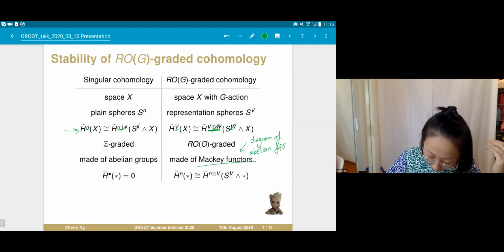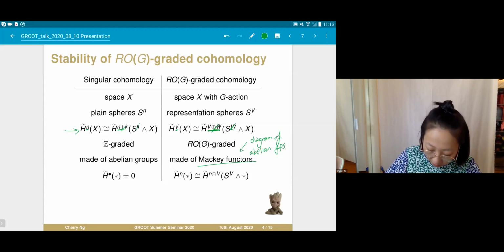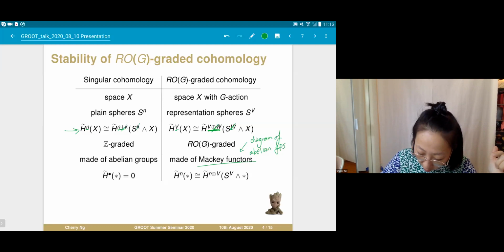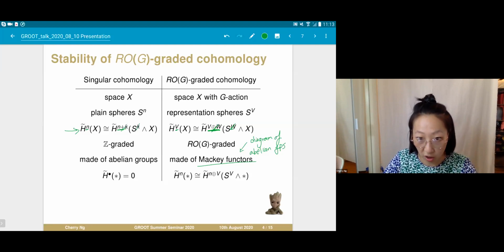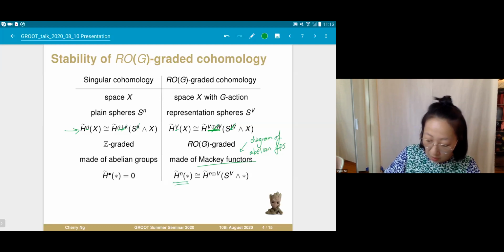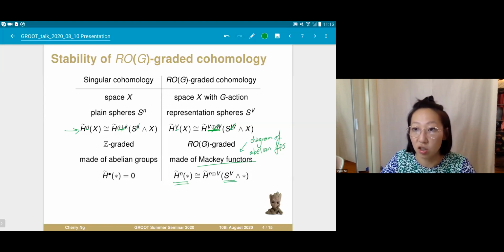Okay, and the last point is in singular cohomology, the reduced cohomology of a point is not that interesting. It is 0 all the way up. But in RO(G)-graded cohomology, because of this suspension isomorphism, you can compute the cohomology of a point by considering the cohomology of the representation spheres.